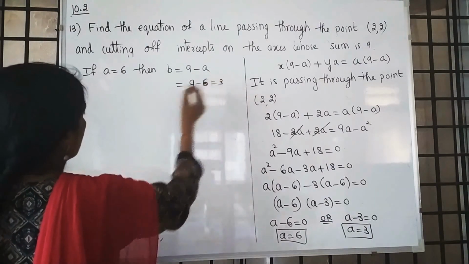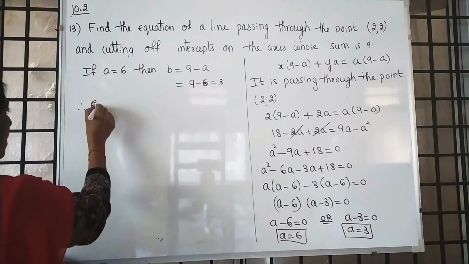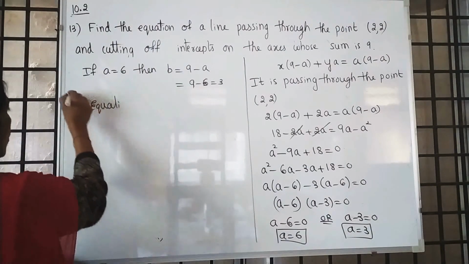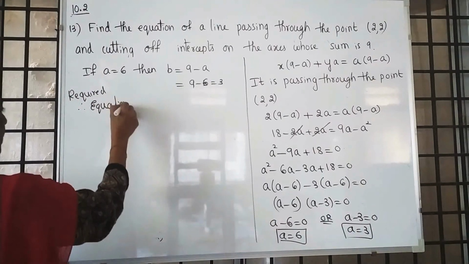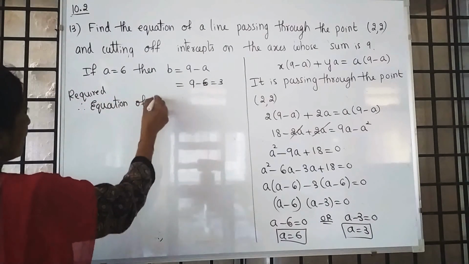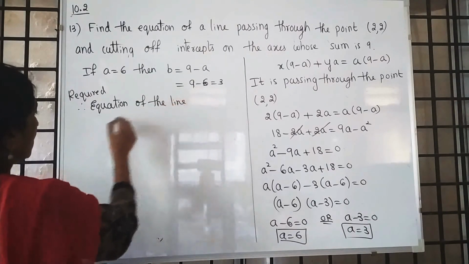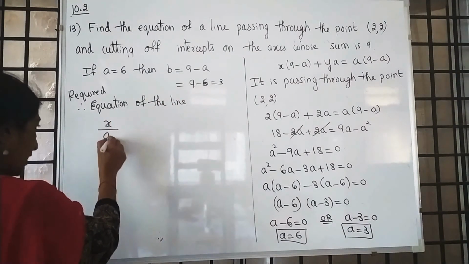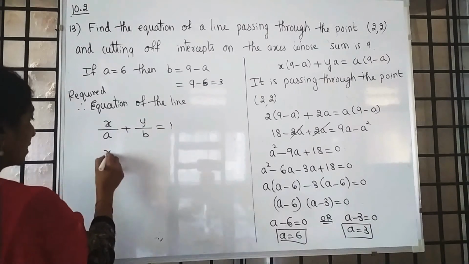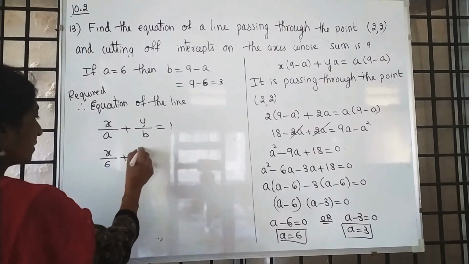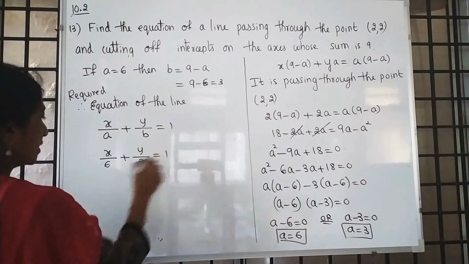Therefore, required equation of the line is x upon a plus y upon b is 1, that is x upon 6 plus y upon 3 is equal to 1.